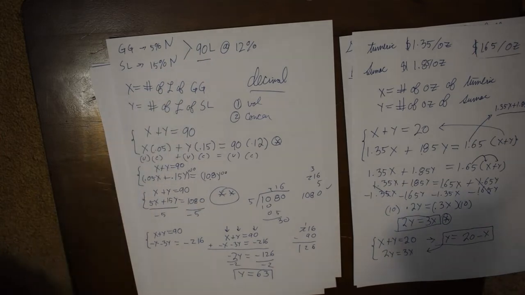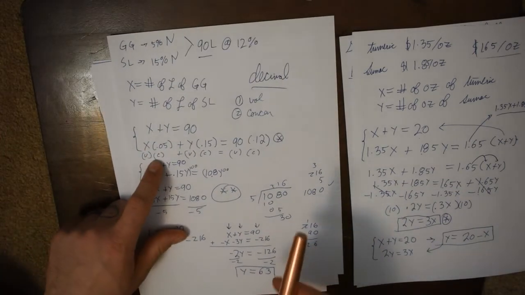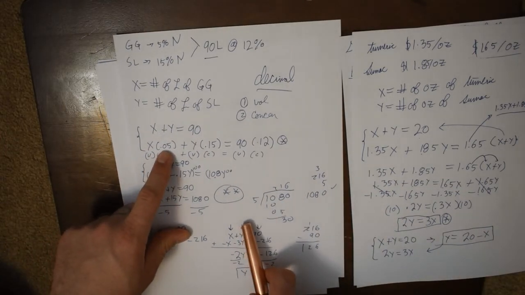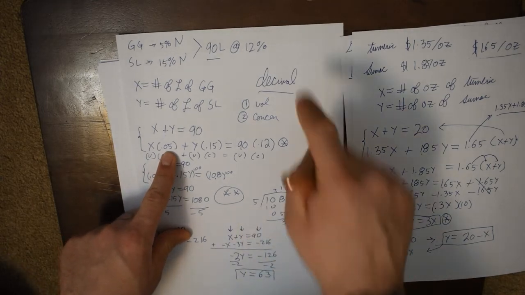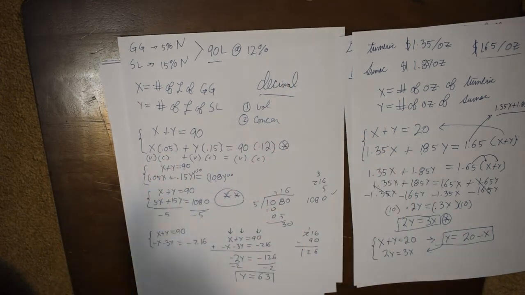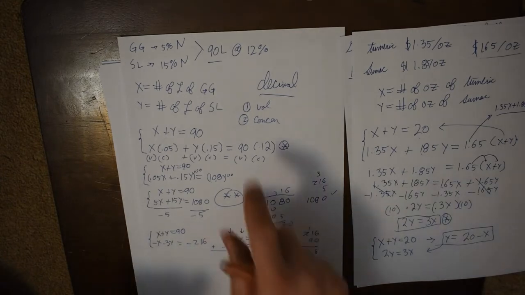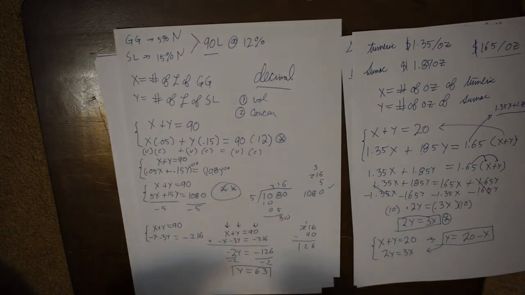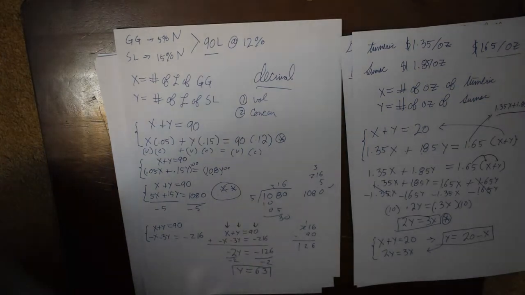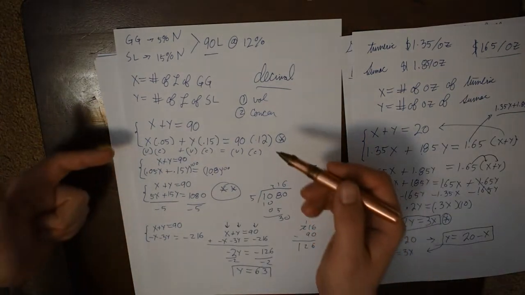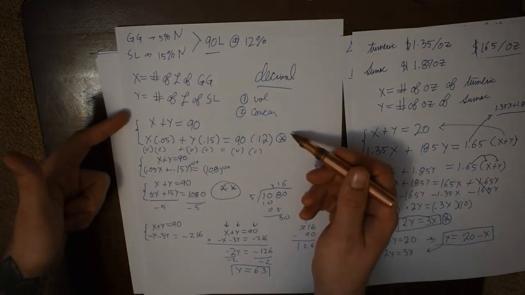So x plus y was equal to 90, and x times its concentration of 5%. And remember, percentages get recorded as decimals. X times 0.05 plus y times 0.15 was equal to the final volume times the final concentration. From that point, that was setting up the system of equations.